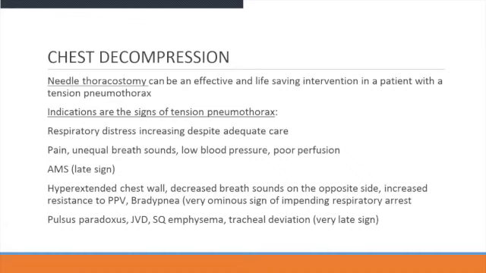Indications are the signs and symptoms of a tension pneumothorax, which are going to be respiratory distress increasing despite adequate care, pain, unequal breath sounds, low blood pressure, poor perfusion, altered mental status, hyperextended chest wall, decreased breath sounds on the opposite side, increased resistance to positive pressure ventilation, slow breathing, which may be a very ominous sign of impending respiratory arrest, pulsus paradoxus, JVD, subcutaneous emphysema, tracheal deviation, which is a very late sign.